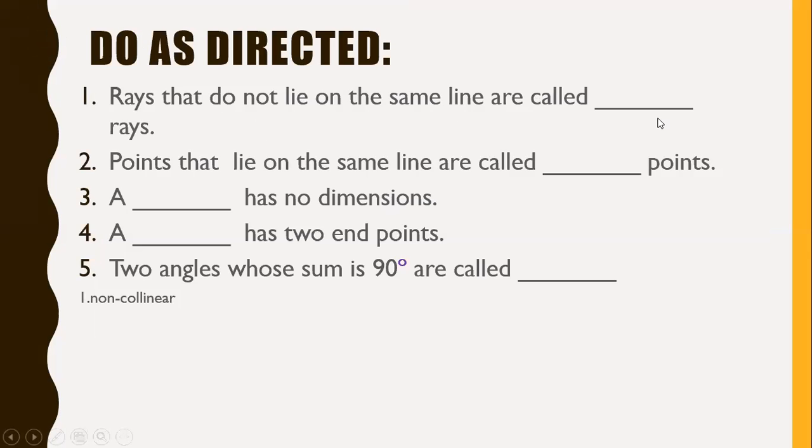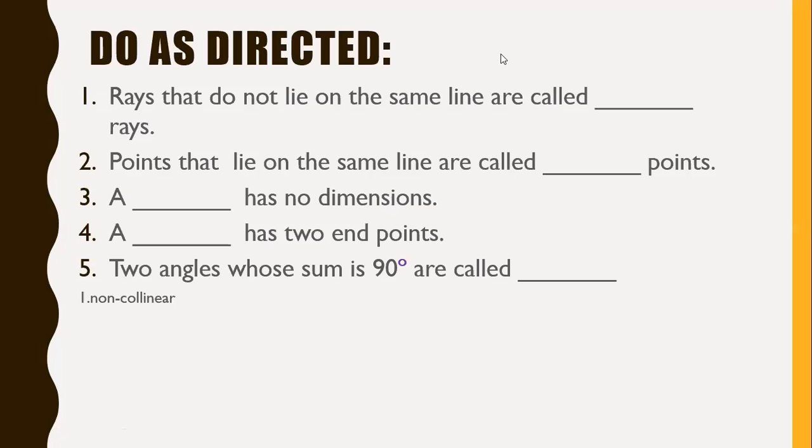Rays that do not lie on the same line are called dash rays. For your convenience, I have given answer number 1. Answer number 1 is non-collinear rays.